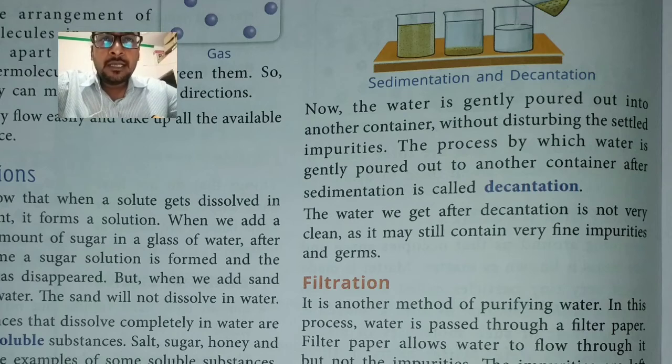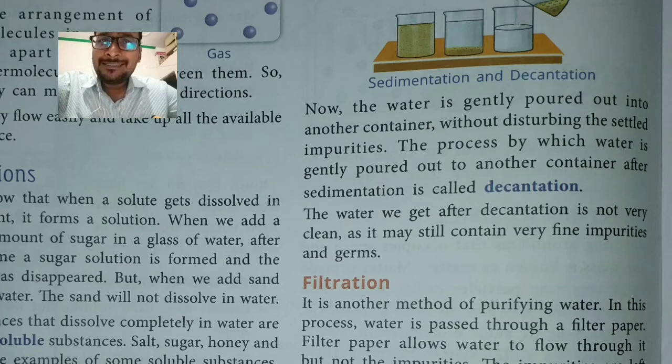In villages also they used to drink this mud water from wells or hand pumps or tube wells. The mud is coming out with water. They fill it in a container or earthen pot, matka, and they allow that water to settle down.